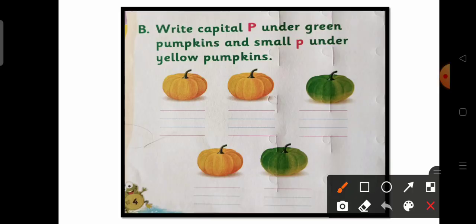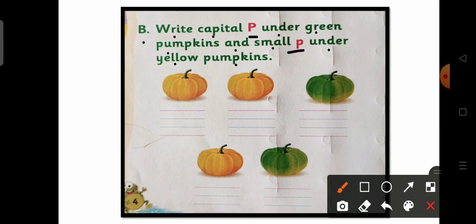Let's read question B. Write capital letter P under green pumpkins and small letter p under yellow pumpkins. Children, as you can see, there are some yellow pumpkins and some green pumpkins.